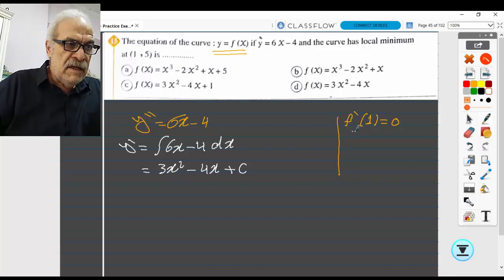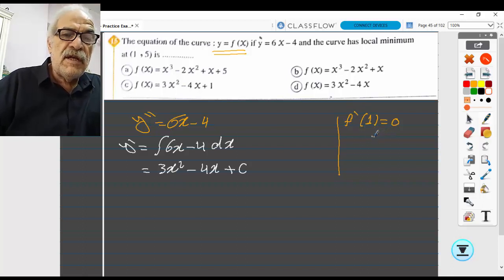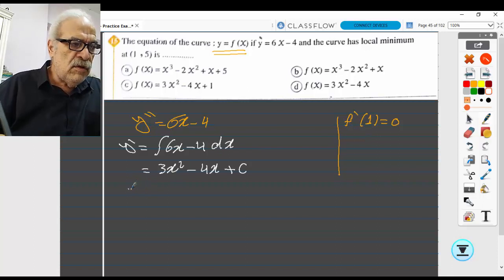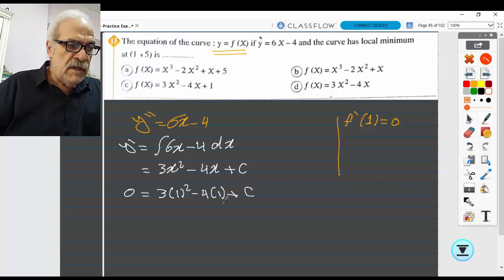As I said, f dash of 1 equals 0 because the curve has a local minimum value when x equals 1. It's a critical point. So 0 equals 3 multiplied by 1 squared minus 4 multiplied by 1 plus c. 0 equals 3 minus 4 plus c. It means c equals 1.